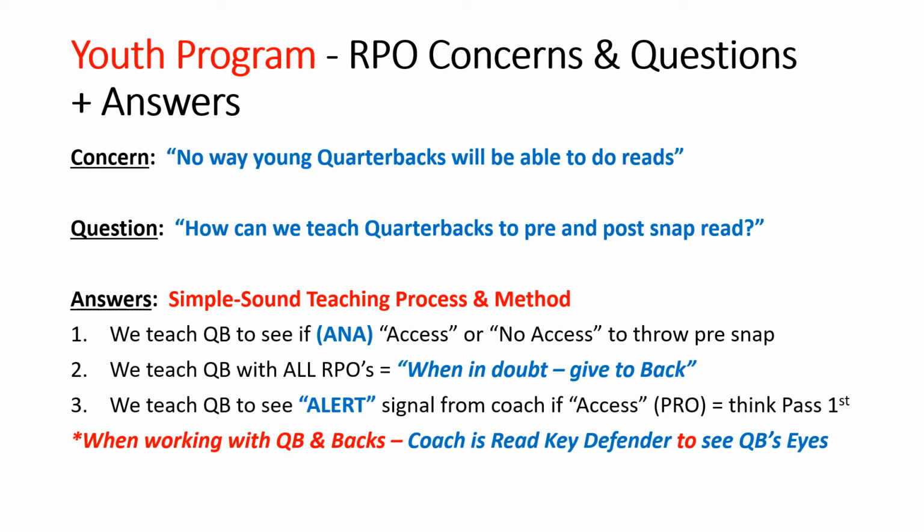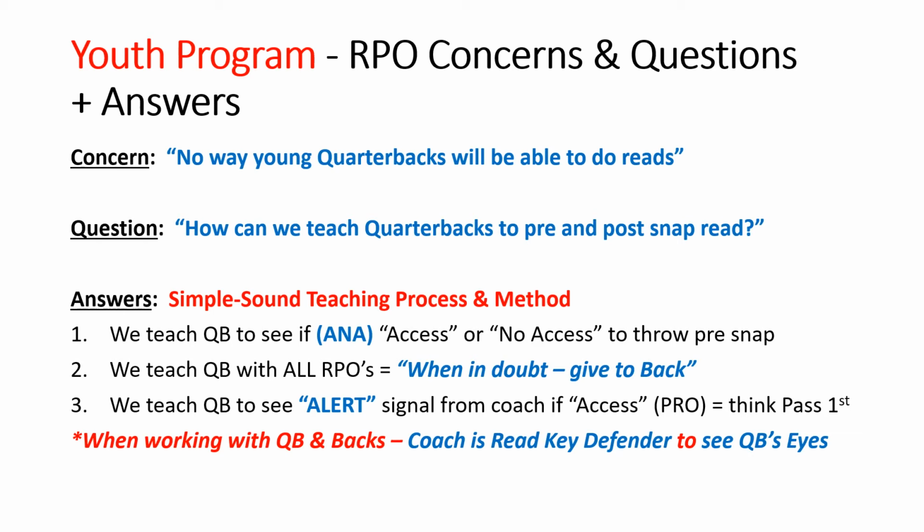Number three, we can teach the QB to see an alert signal or call from the coach if there is access. So if you have a quarterback who's struggling being able to see ANA, if there's access or no access, he's struggling with pre and post snap reads, after the play is called, if you see there is access, or as a coach, you want them to think pass first, making the RPO essentially a PRO, you simply put your pointer on the side of your eye, which signals him, hey, alert, alert, there's access.